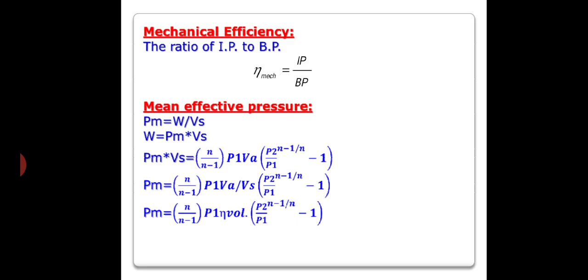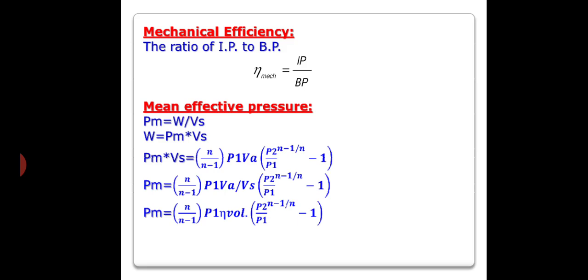Now mean effective pressure is equal to W upon Vs. W is the work which we are going to find, and Vs is the swept volume. So we got here W is equal to Pm into Vs. So Pm into Vs means the work done.